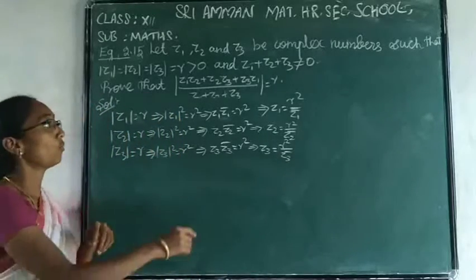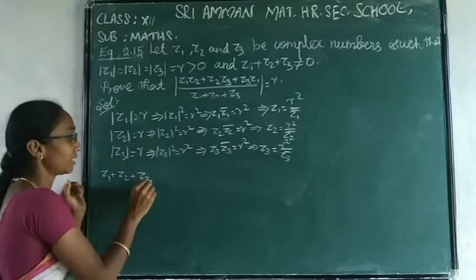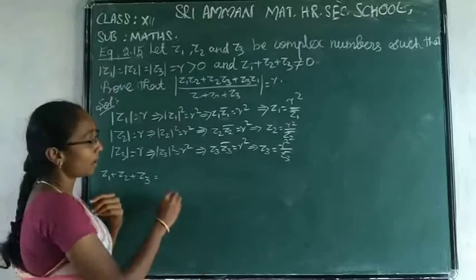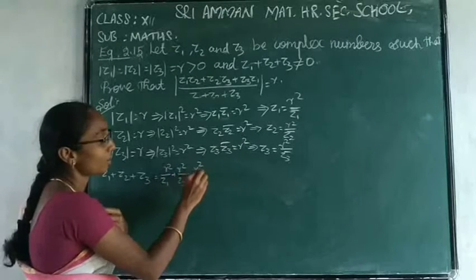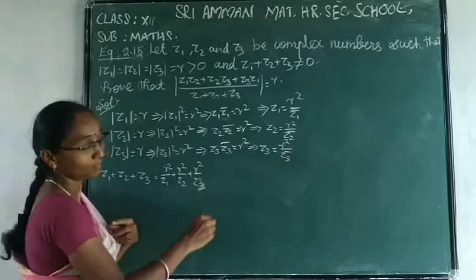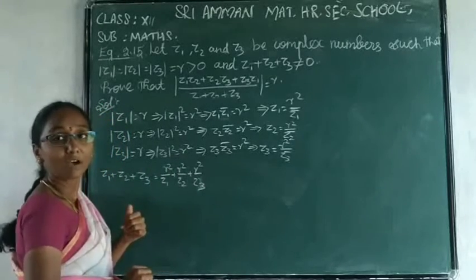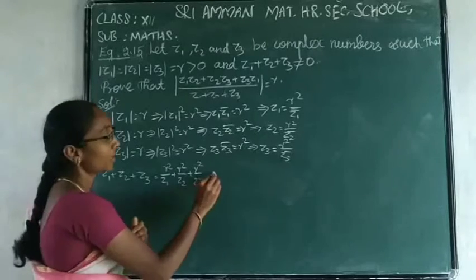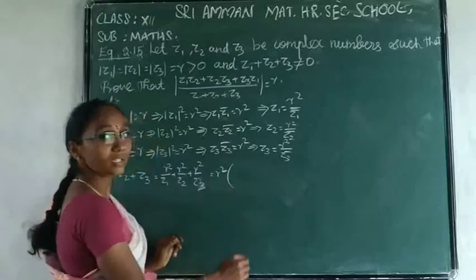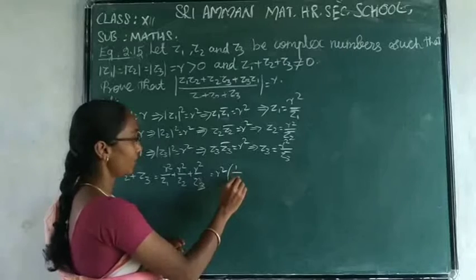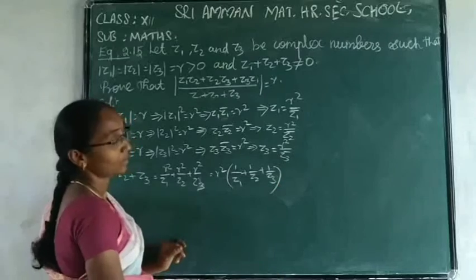Now in the denominator portion we find z1 plus z2 plus z3. What is the value? r squared by z1 bar plus r squared by z2 bar plus r squared by z3 bar. Which term is common? r squared. So taking r squared as the common factor, we get 1 by z1 bar plus 1 by z2 bar plus 1 by z3 bar.